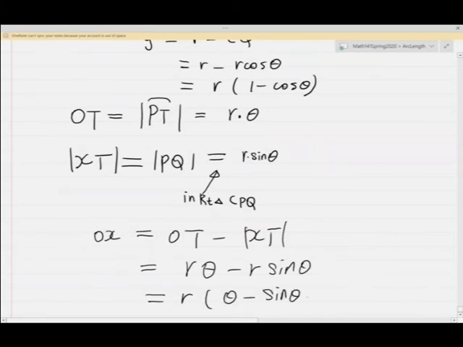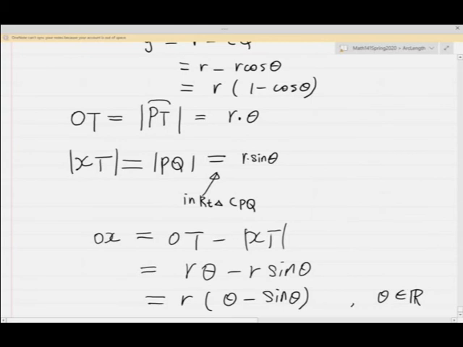So theta is any real number, and then you get a parametric equation of the cycloid.